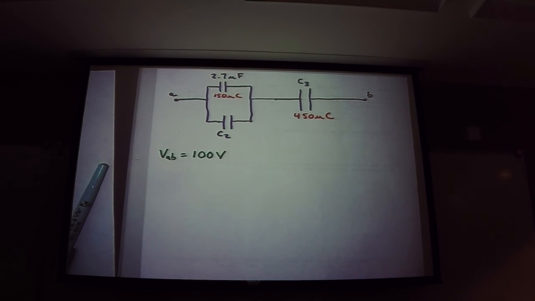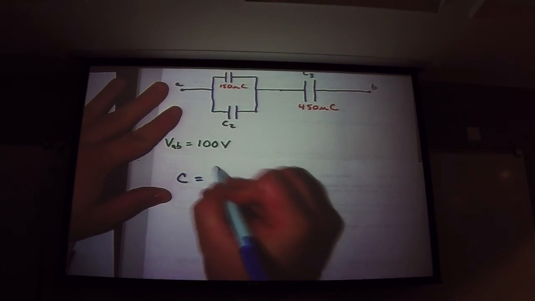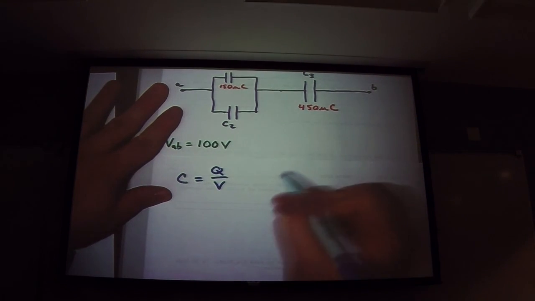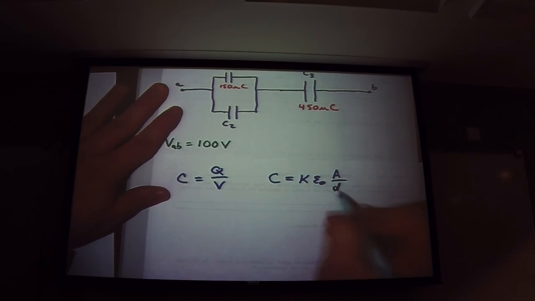Okay, the first question asks, what is the capacitance C2? So what do I need to know to find C2? I have two formulas with capacitance in them. The definition of capacitance, which is charge per voltage, C equals Q over V, and the other one, kappa epsilon naught A over d.